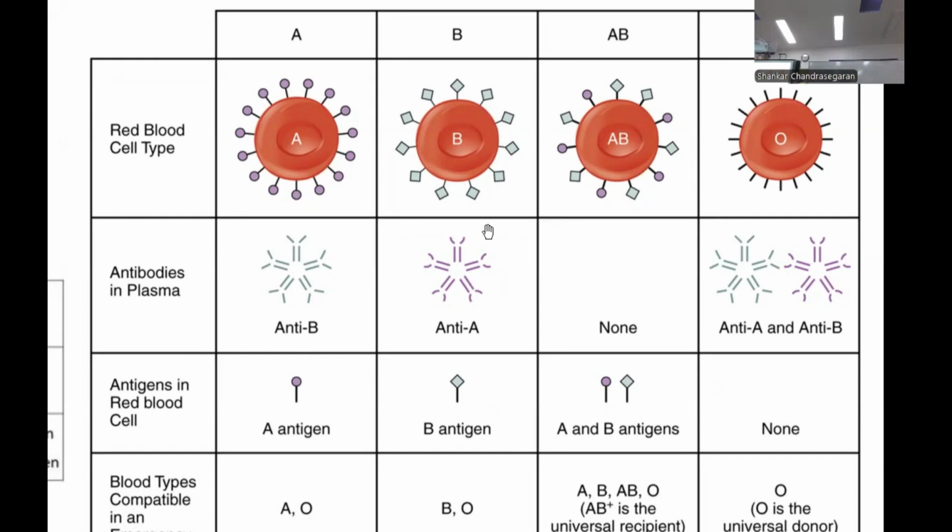So this blood group will be recognized as being a threat and will activate the anti-A antibodies in your plasma, right? Basically, if it's recognized as foreign, it will immediately assume it's a pathogen and will trigger an immune response. Same thing with B going into A, right?